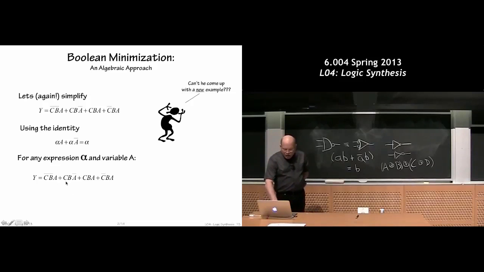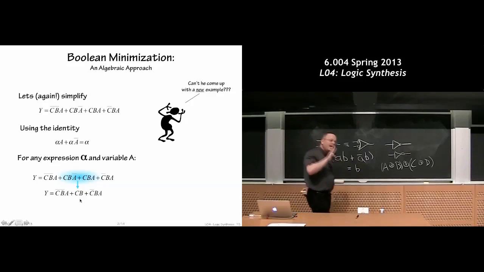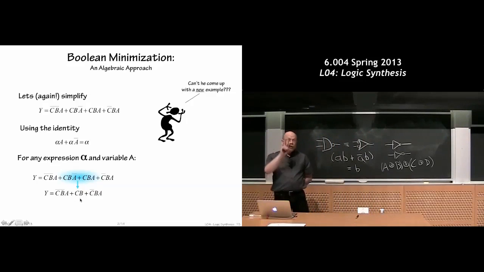Well, I can see here that I have CB and not A and CB and A. This little guy in the middle is a chance to use my reduction and replace that with the single term CB. So you can see I've gone from four product terms, each of which involves 3 inputs, to something now which is only 3 product terms, one of which only involves 2 inputs. My schematic will use simpler gates. And in fact, I can now apply this once more.